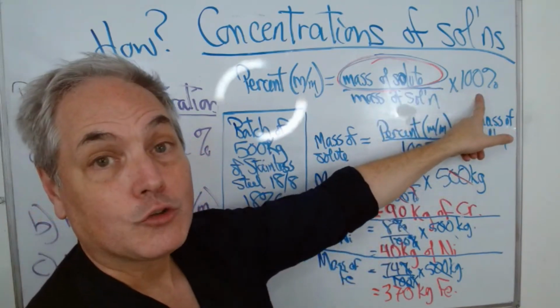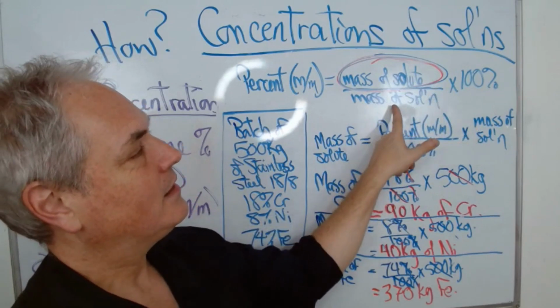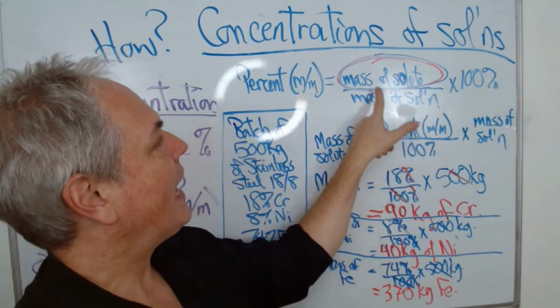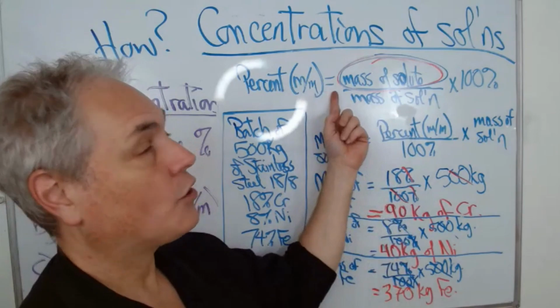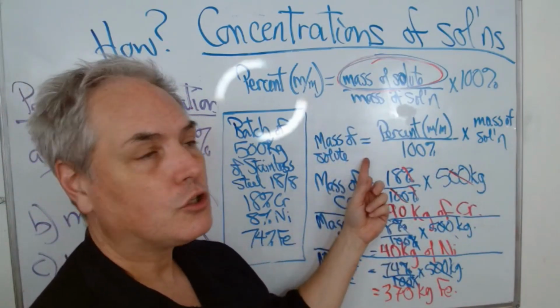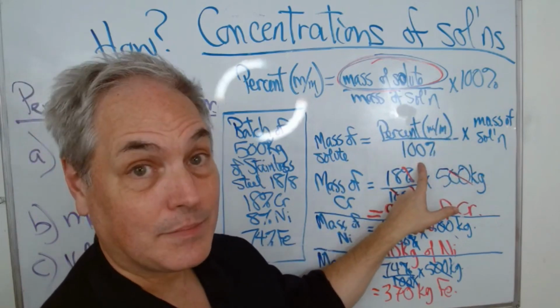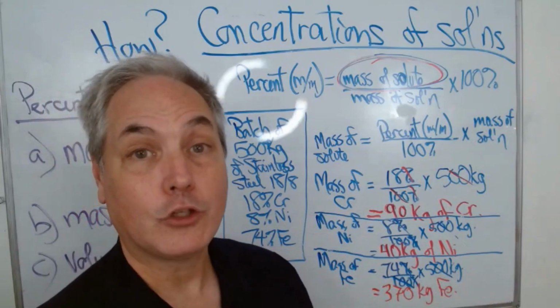I multiply by 100 on this side, I will divide on the other side. And since I'm dividing by the mass of the solution, I will multiply on the other side of the equal sign, giving me this equation here. The mass of the solute is the percent mass, so mass over mass, divided by 100% times the mass of the solution.